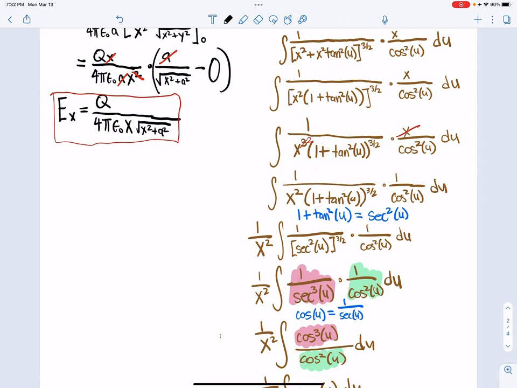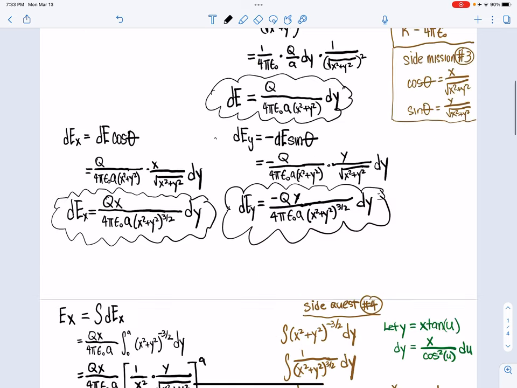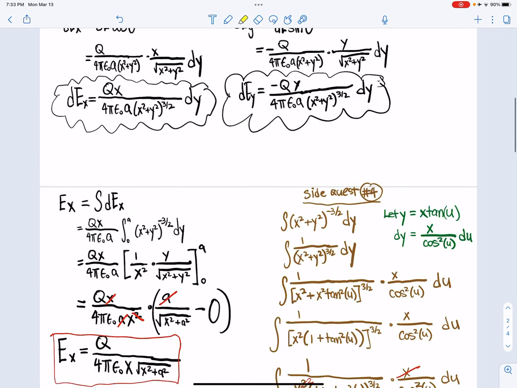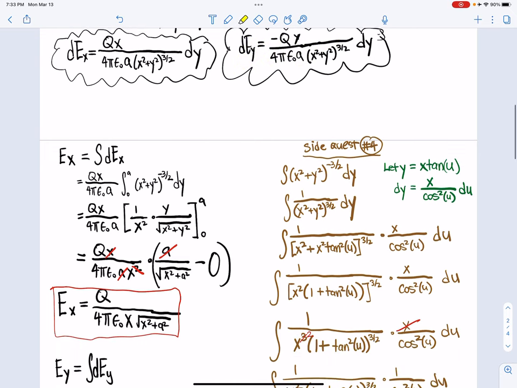Now let's look for the y component of electric field. That is going to be equal to the integral of dEy, the y component of dE, which we solved for earlier right here. So I'll just plug that in and take the integral of that.